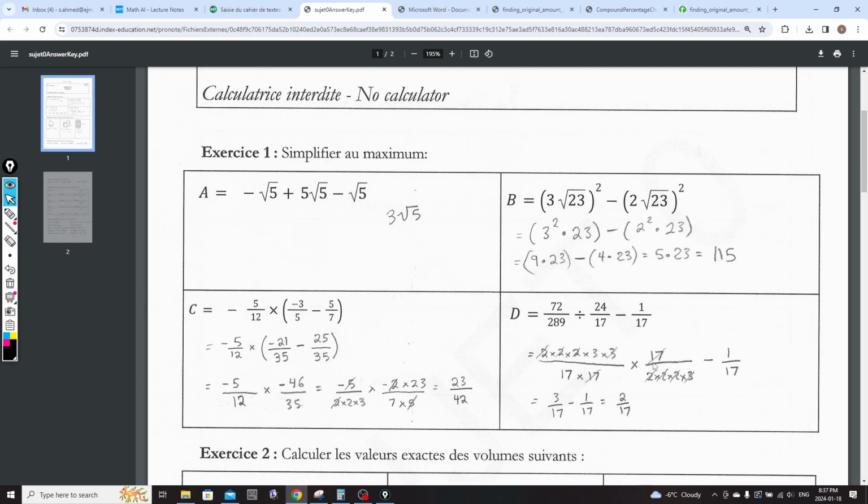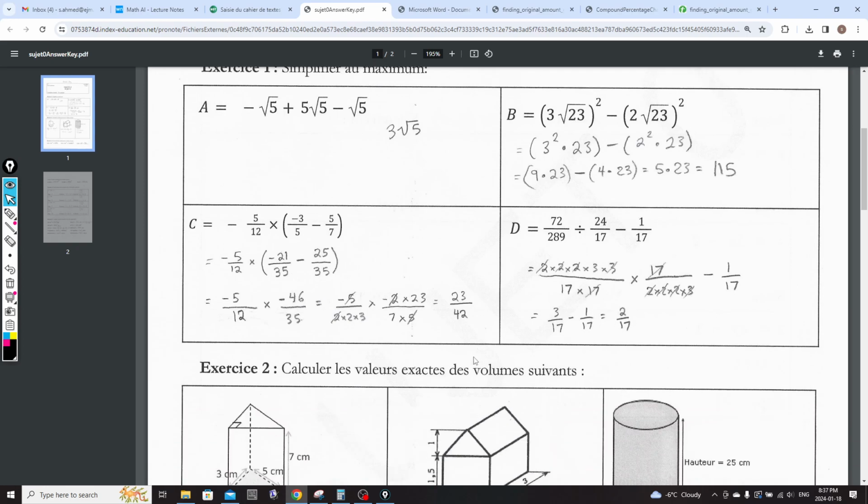So for example, the 17 is going to cancel out with the 17, the 3 is going to cancel out with the 3, and I notice that I've got 3 2's, so I'm going to cancel out these 3 2's as well. So all that's left in the numerator right here is 3, and all that's left in the denominator is 17. So I've got 3 over 17 minus 1 over 17, and that gets me 2 over 17.